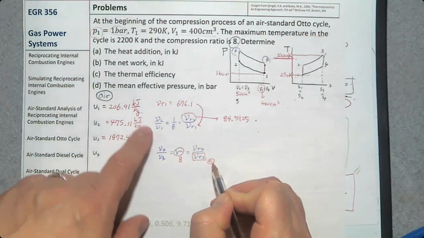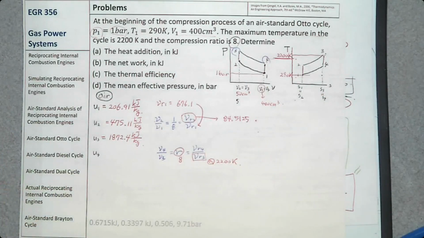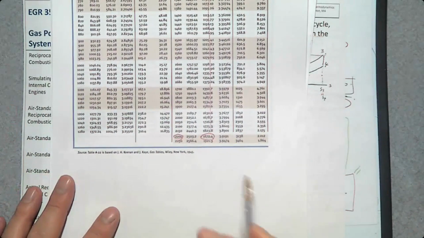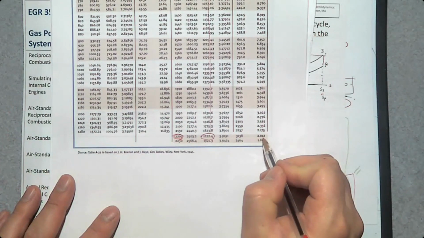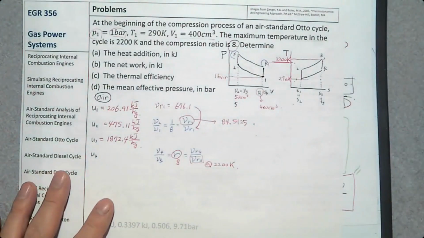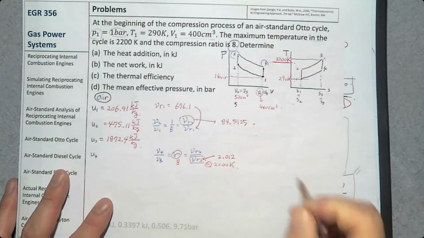Yes, at 2200 Kelvin. So let's find VR3 at 2200. At 2200 Kelvin, VR3 is 2.012. So this is 2.012.